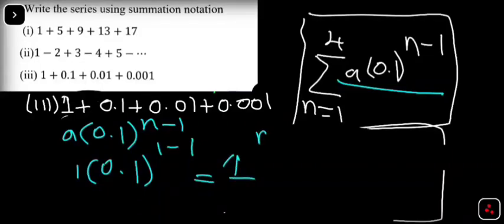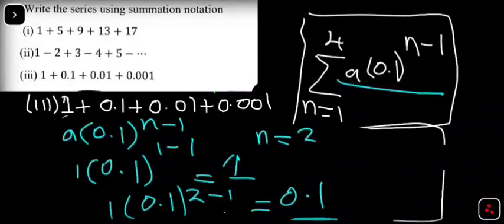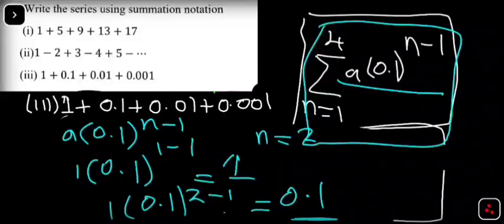If n is equal to 2, you do the same thing, substitute our first term, which is 1, times 0.1 to the 2 minus 1, where there is n you just plug in 2, you're going to find 0.1. Then you can conclude by saying that this is our summation notation for this series, which is a geometric series.